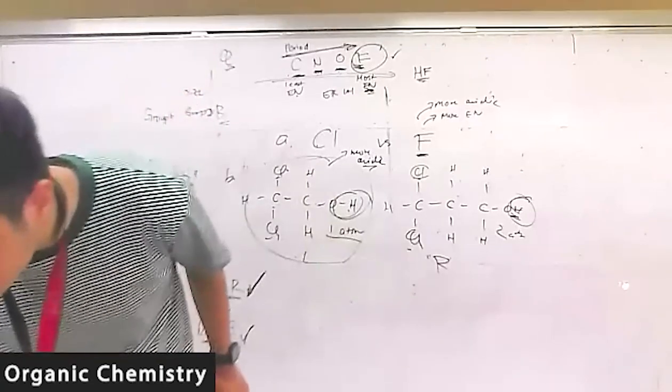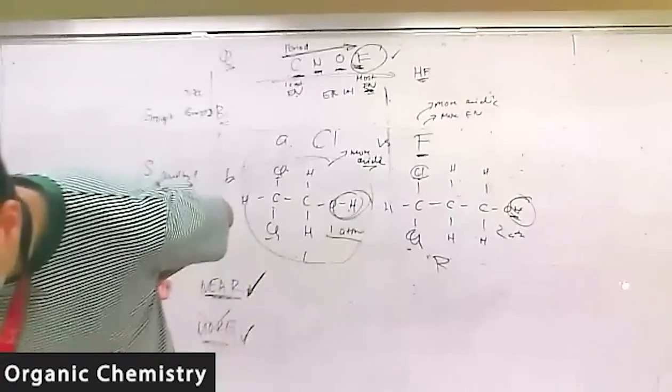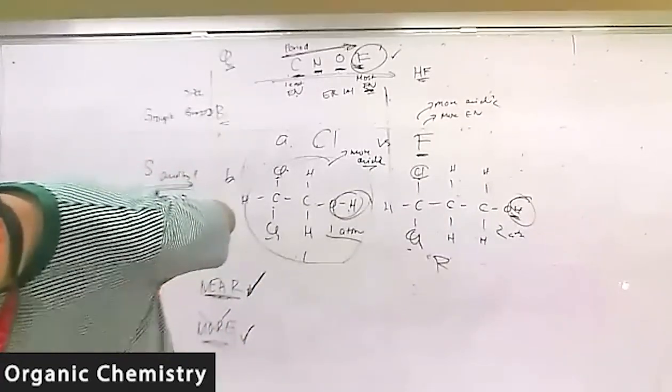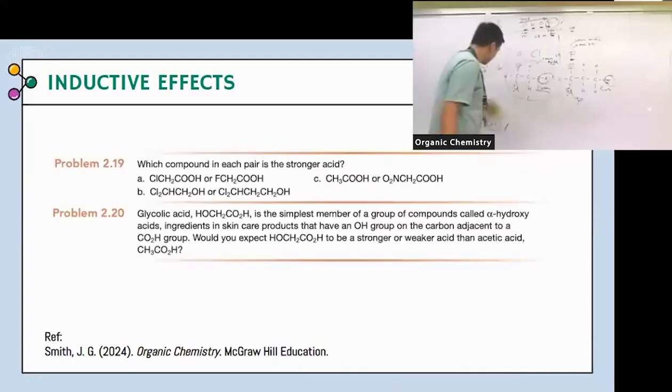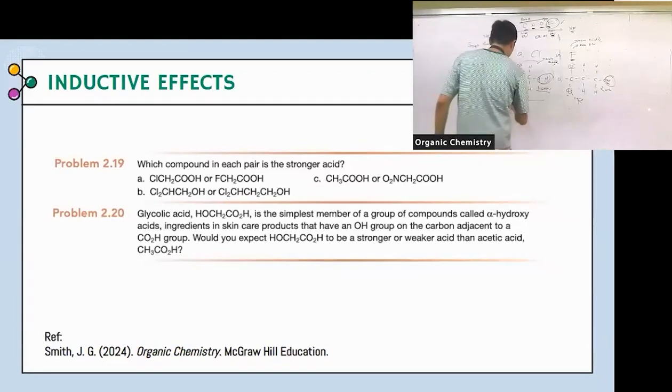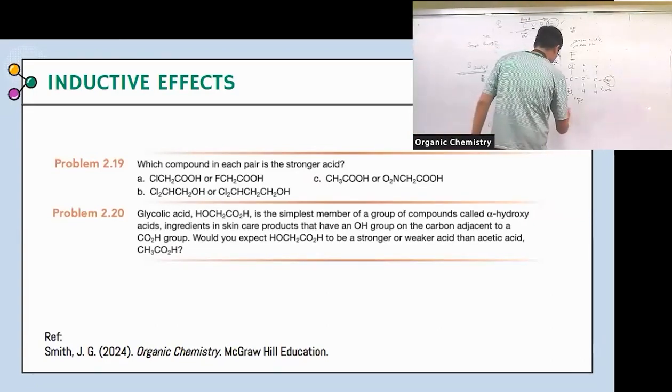And lastly, yung B, we can skip 2.20 for the sake of time. For C, alin dito ang more acidic? Is it CH3COOH or O2N-CH3COOH? Let's go ahead. CH3, COOH, or NO2, CH3, NO2, CH3, COOH.